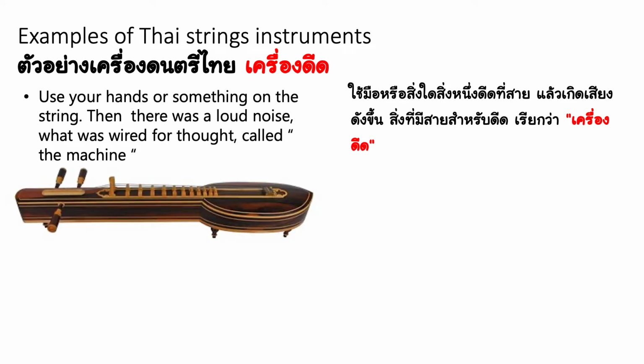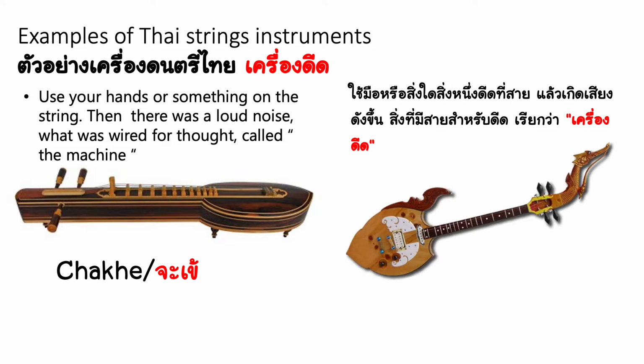Now, these are the pictures of Thai instruments, and the name of this string instrument is chap. And then we have another one. It is called the Thai guitar. So these are the string instruments.